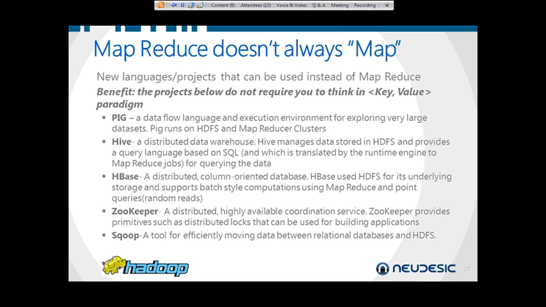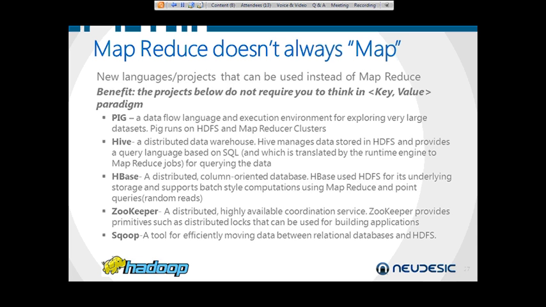So Pig, as mentioned before, is a data flow language, also an execution environment that allows you to explore these huge data sets and that generates map and reduce functions on the back end. Hive, which is a distributed data warehouse, can either hold its own tables or link directly to data that's already in HDFS. And the runtime engine takes very familiar looking SQL and converts that into MapReduce jobs for analyzing that.